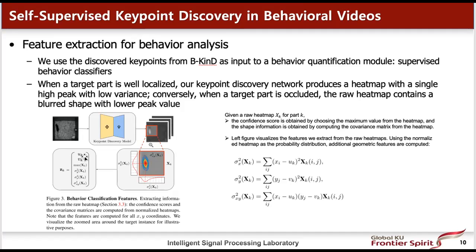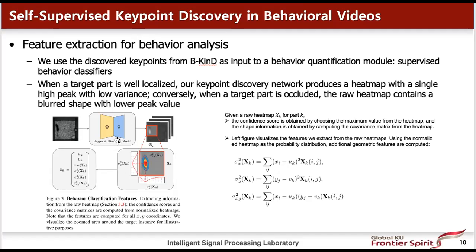Except for the location of the key point, u_k and v_k, we can also calculate the maximum of the heat map and the covariance of the input heat map. The maximum represents the confidence score, obtained by choosing the maximum value from the heat map, and the shape information is obtained by computing the covariance matrix from the heat map.